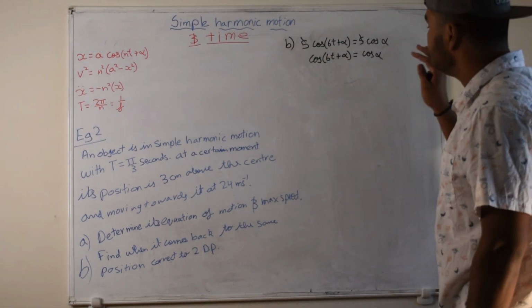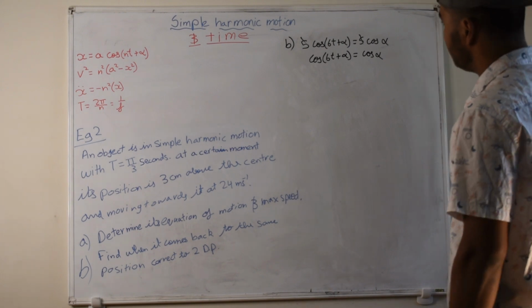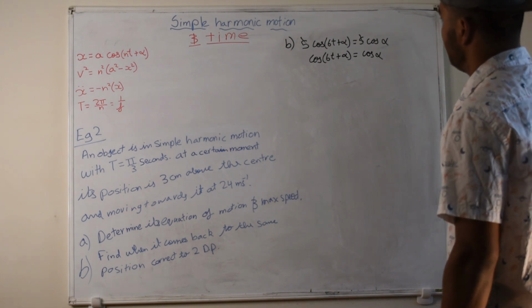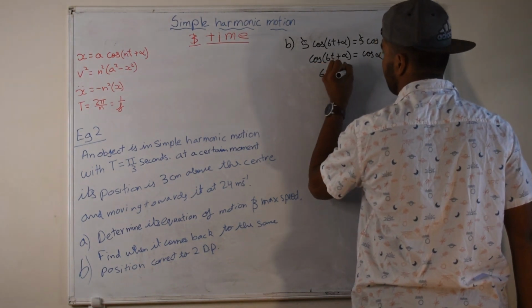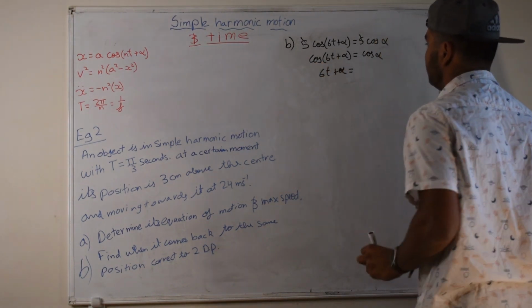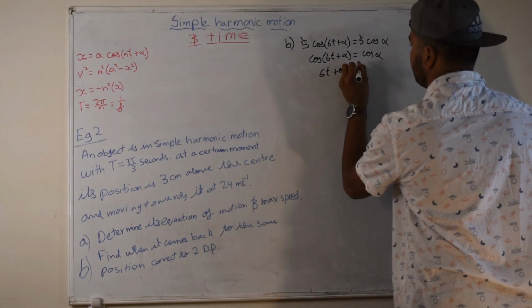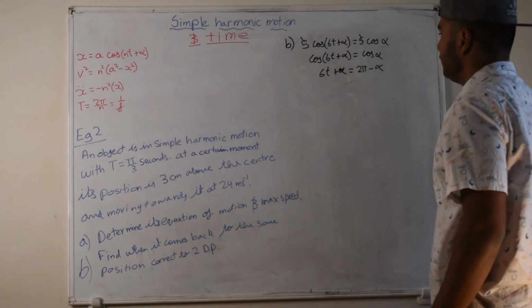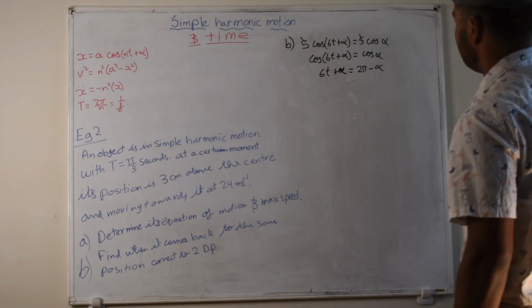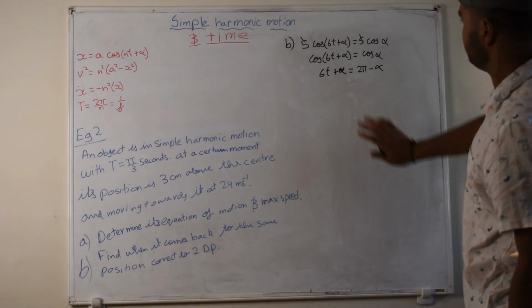By understanding the symmetries of cosine from this step, we know that 6t plus alpha is going to equal 2 pi minus alpha in this case. Correct? 2 pi minus alpha.